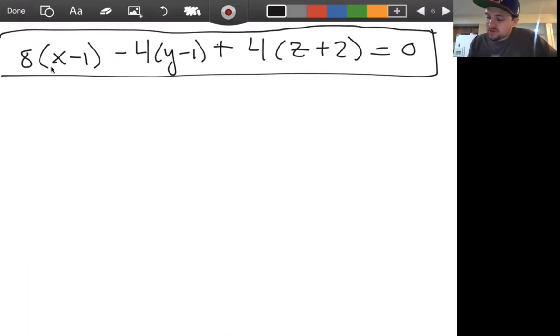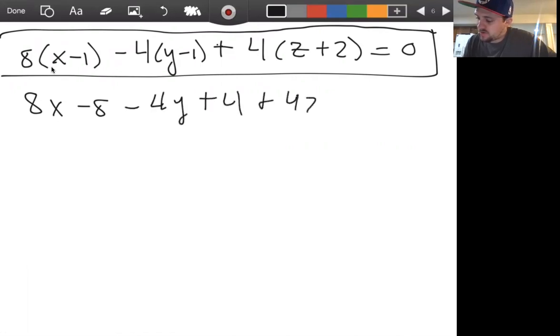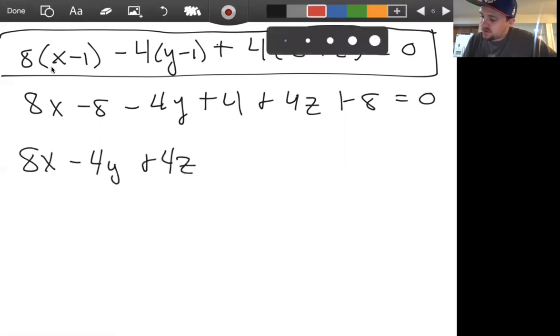We can simplify this to general form. This becomes 8x minus 8, minus 4y plus 4, plus 4z plus 8 equals 0. And we can simplify here. We get 8x minus 4y plus 4z. And then let's see what the constant terms simplify to.